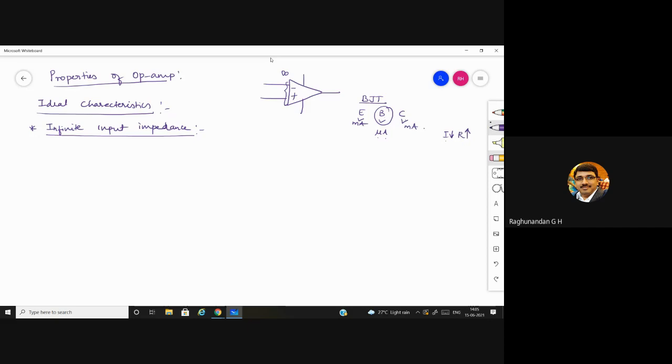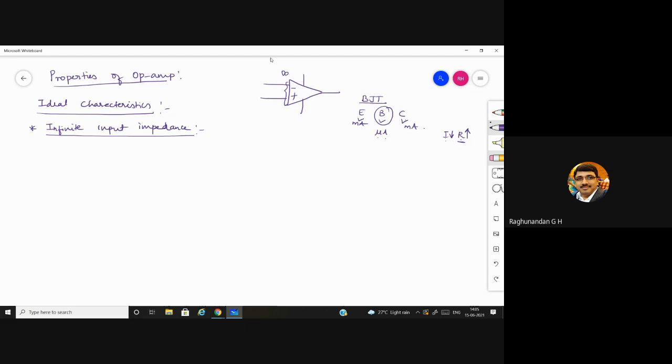Because when we talk about current and resistance, the current which is flowing through this is less, which means obviously there is some opposition to flow. That opposition itself is our resistance. Even though ideally we say that no current will flow through the op amp, practically some minimum amount of current will be flowing through it, that too in terms of micro or nano amperes.